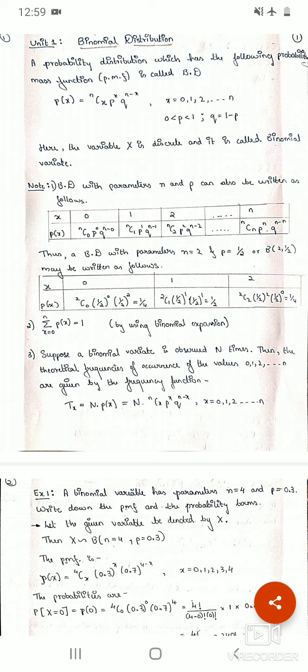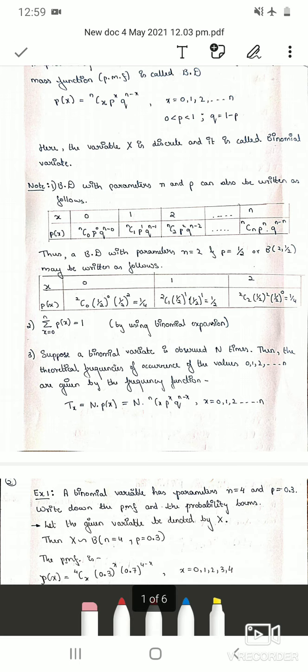It is given as p of x is equal to nCx p raised to x q raised to n minus x, and the range of x is 0, 1, 2 and so on till n, and p lies between 0 and 1 and q is 1 minus p. Here please note, when they ask for the probability mass function, it is always denoted as small p of x.